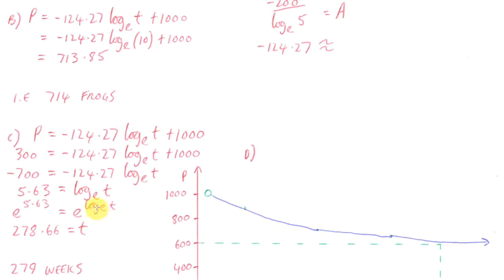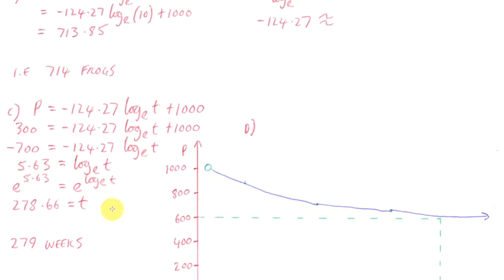Then to get rid of this log E, I've said let's have E to the power of the left-hand side equaling E to the power of the right-hand side. The right-hand side will just collapse to being T, and so I get 279 weeks. Of course, at this stage, I could have just put that into my CAS and solved for T. That would have been quite fine, and indeed less likely to make a mistake.